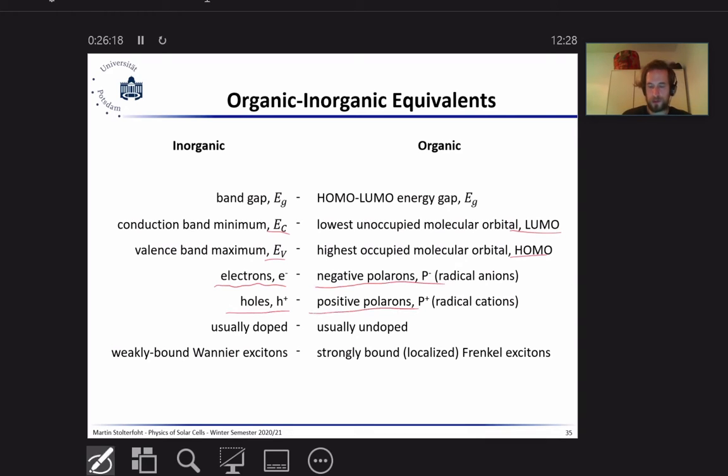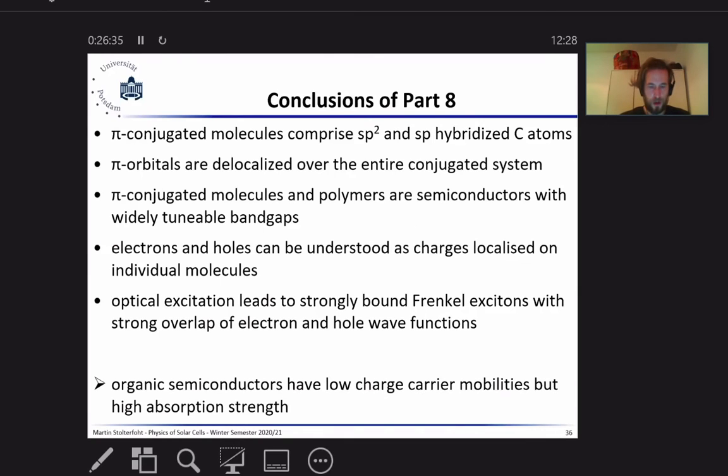Holes need to be considered as positive polarons. And here we have weakly bound Wannier excitons, and for organics, the Frenkel excitons. Okay, so this is the summary of the organic semiconductor part.